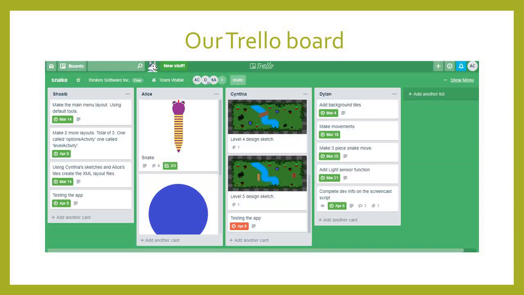I was in charge of the assets. Cynthia was in charge of the level design, and Dylan was in charge of researching and creating the sensors and getting them to work with the application.